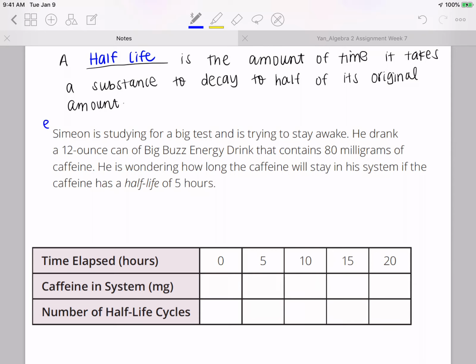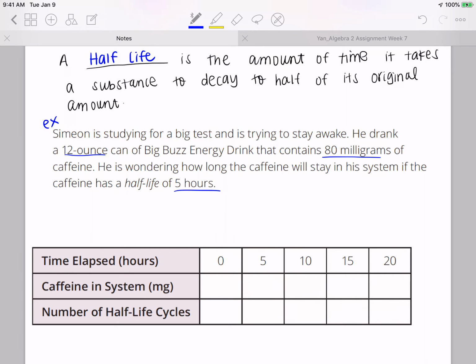Simeon is studying for a big test and is trying to stay awake. He drank a 12-ounce can of Big Buzz energy drink that contains 80 milligrams of caffeine. He is wondering how long the caffeine will stay in his system if the caffeine has a half-life of 5 hours.